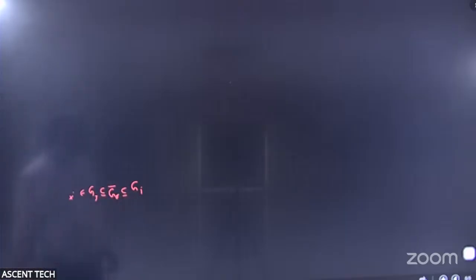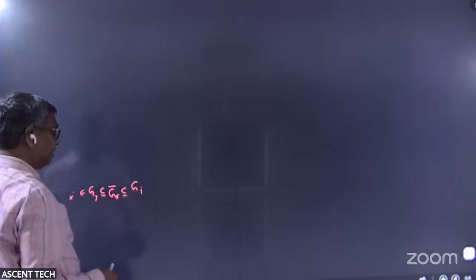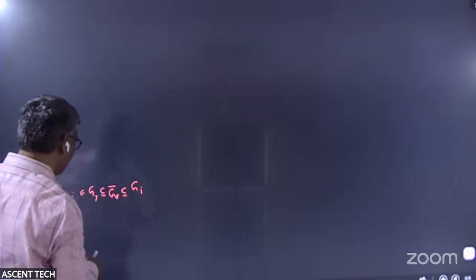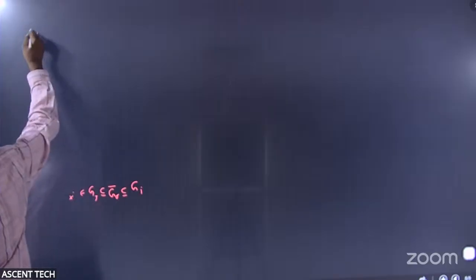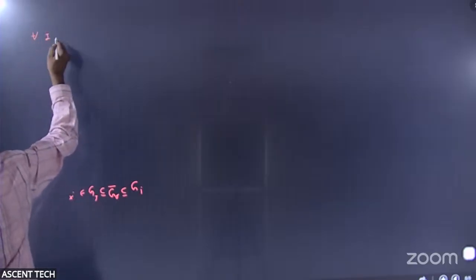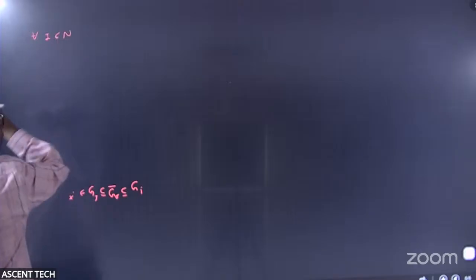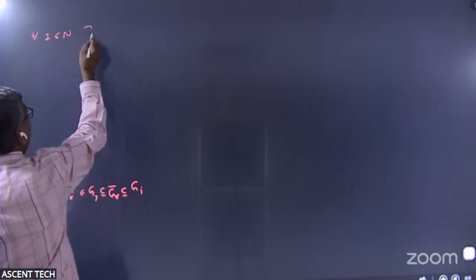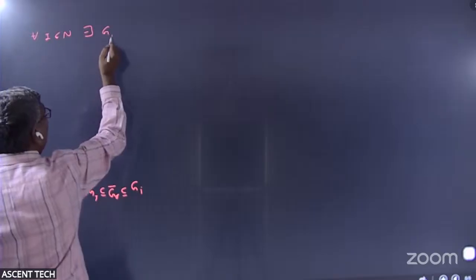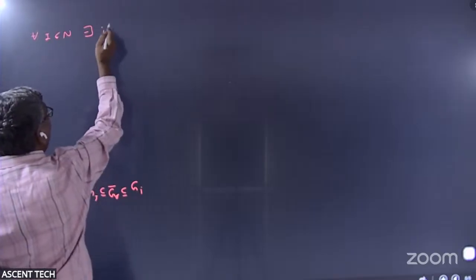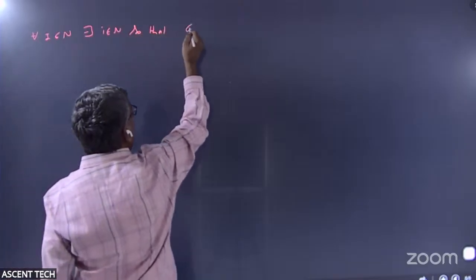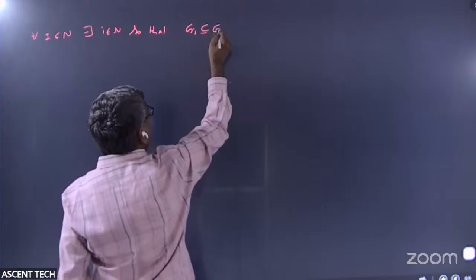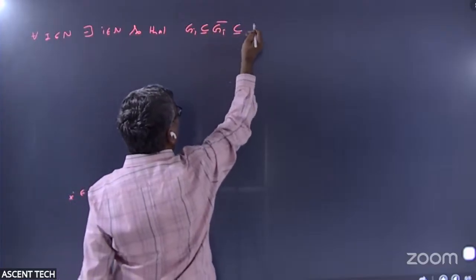I can do that because Gi complement is a closed set. So for each j, some natural number, there exists an i, also a natural number, so that Gi is contained in Gi bar is contained in Gj.